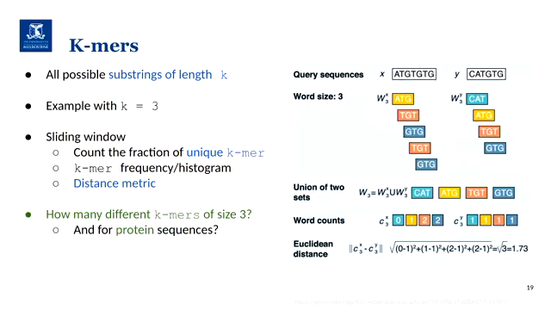I'll look later on at machine learning methods, but calculating Euclidean distances on a very, very sparse vector is not a good idea, right? So it depends on how you model things and how you compare them. And if we generalize for k-mers of size K or N, how many different k-mers do we have?